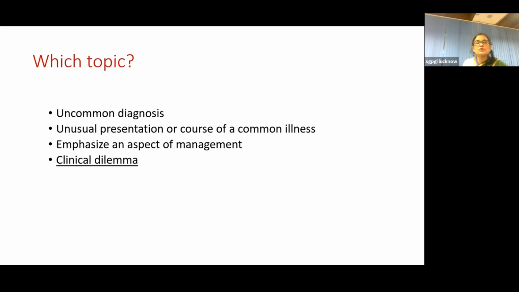Before we do the testing, we again do a test to confirm whether the patient still has active disease or not, and then you realize that the Cushing's tests have come negative. This is something called cyclical Cushing's. So this is a very uncommon presentation of a common condition, Cushing's syndrome. So maybe you want to present the case that way, or you want to emphasize an aspect of management, or there's a clinical dilemma, so you want a discussion.